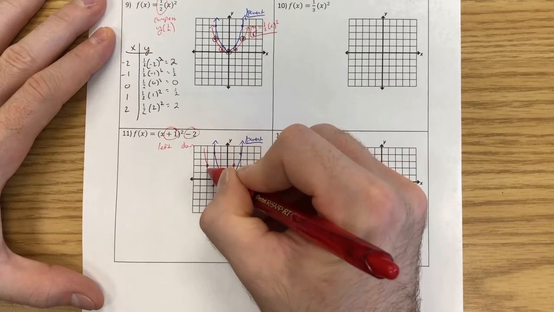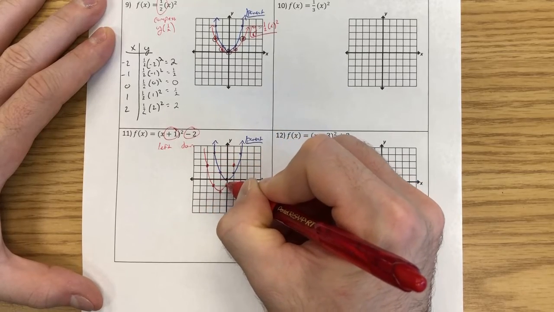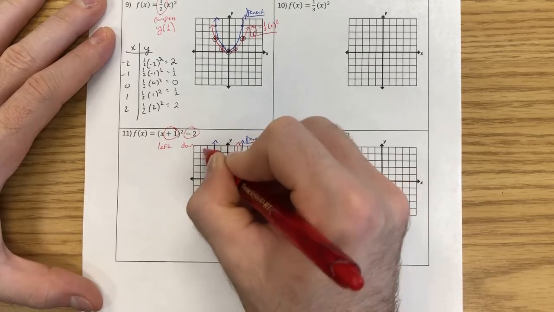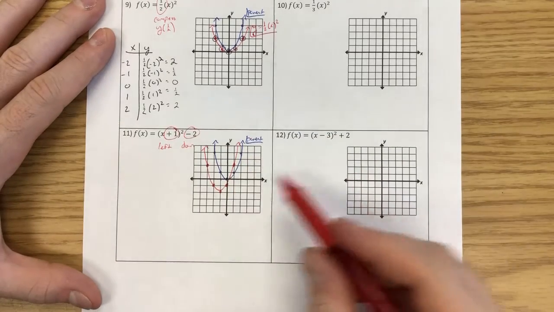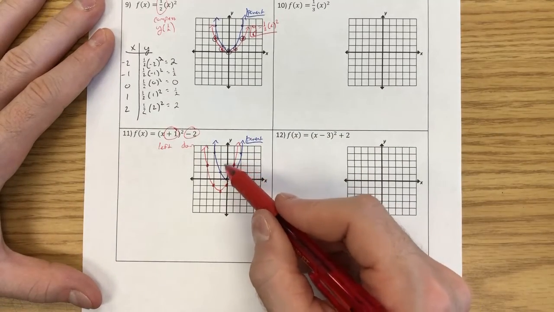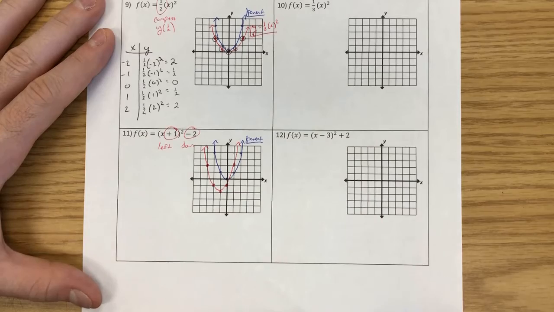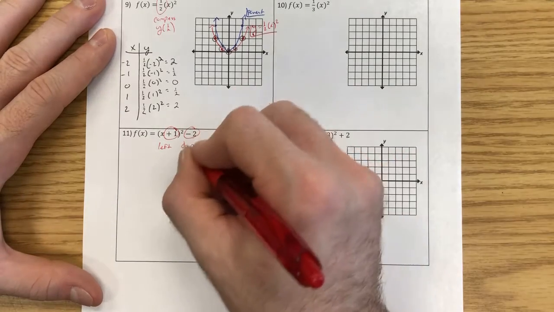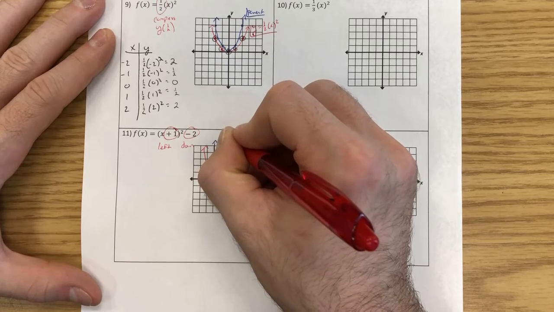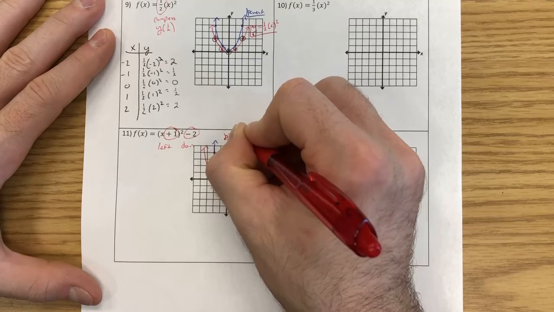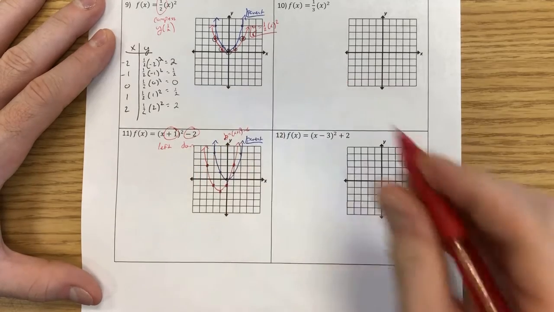And if I connect all these points with a nice curved parabola, we see the fact that this graph has definitely been shifted to the left and downward. So we're going to label this as y equals x plus 1 squared minus 2.